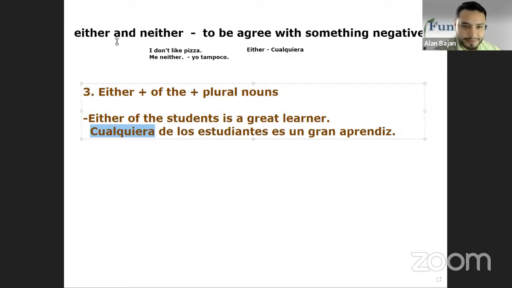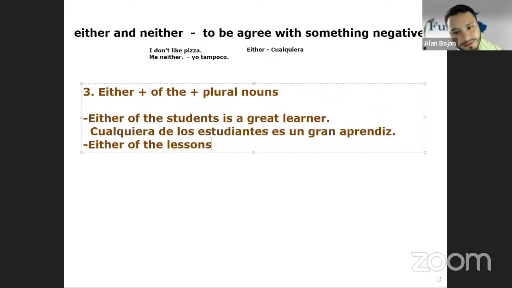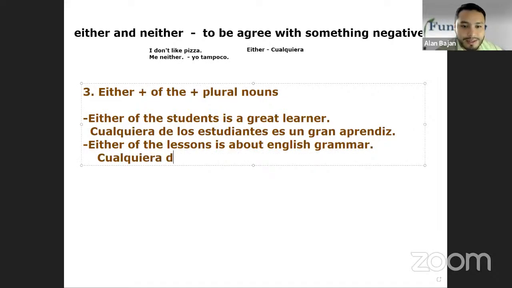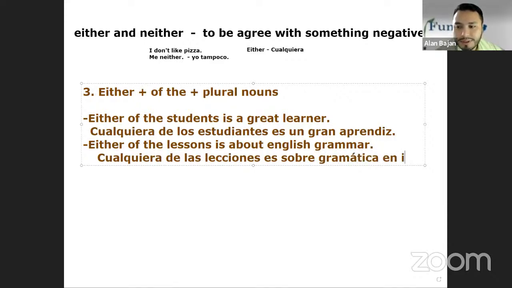Let's see other example to clarify. Either of the lessons is about English grammar. Cualquiera de las lecciones es sobre gramática en inglés.